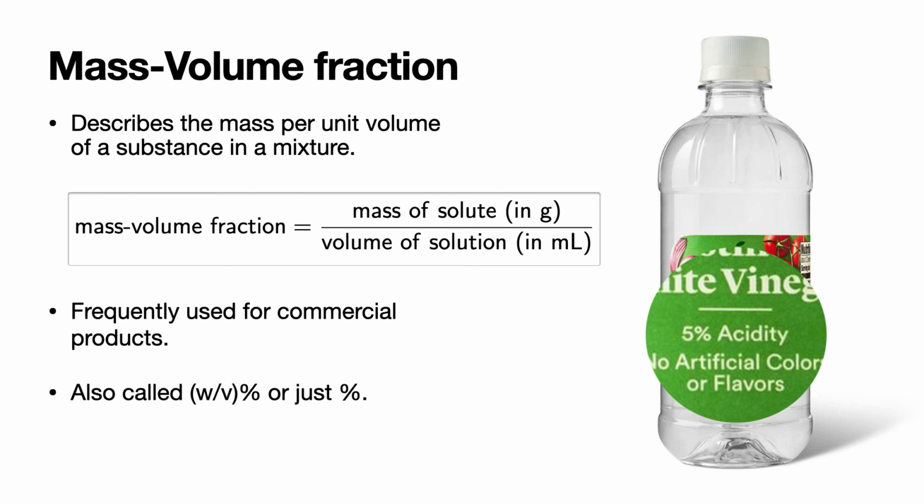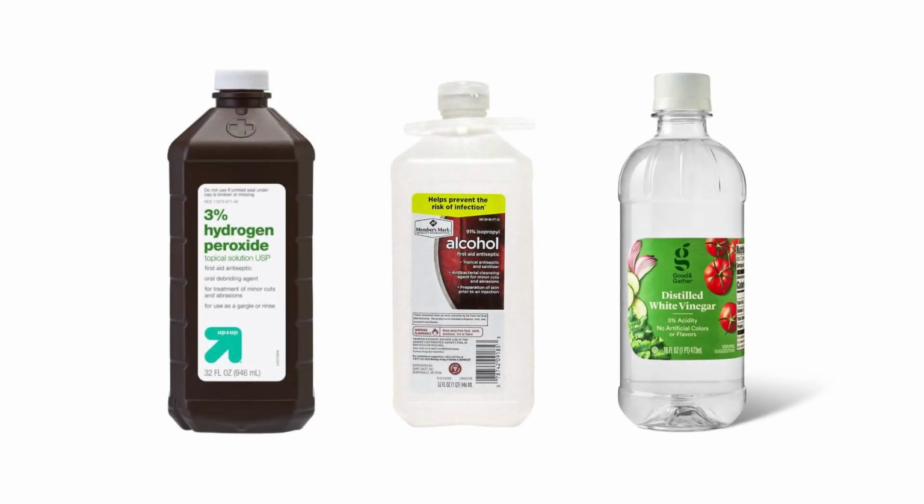So when you're looking at products that are labeled with percentages, it's not always clear which type of percentage composition they're talking about. Are they talking about mass fraction? Are they talking about volume fraction? Or is it this mixed mass volume fraction? And I'll be the first to say that it's annoying that these products aren't always labeled as to what the percentage represents.